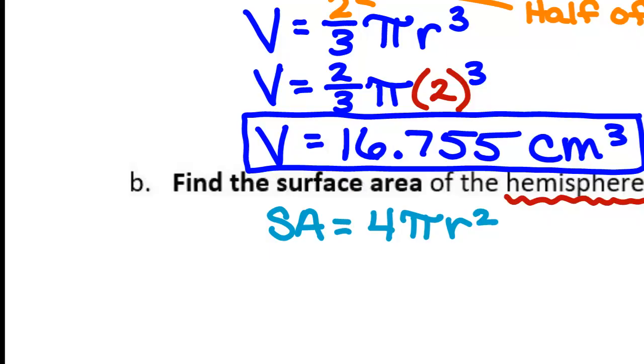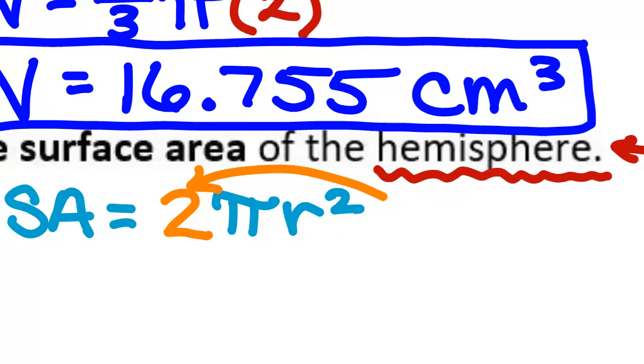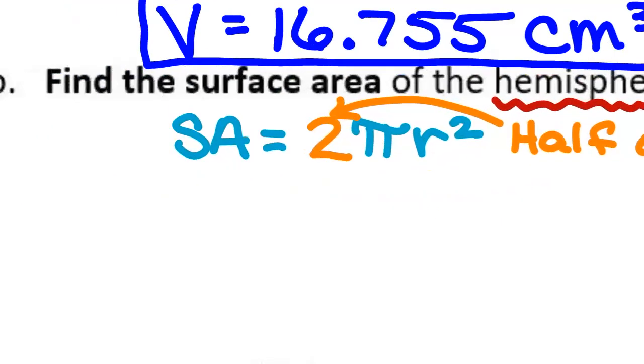Which piece do you think is going to be different because we want half a sphere? Instead of the 4, it's going to be a 2. That's absolutely correct. So 2 pi r squared, because this is half of 4.